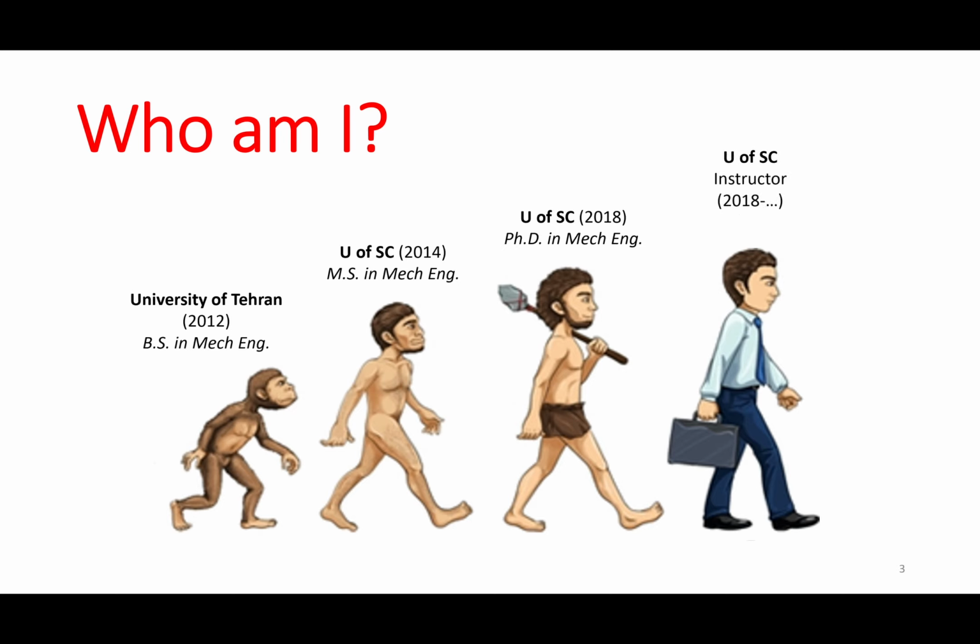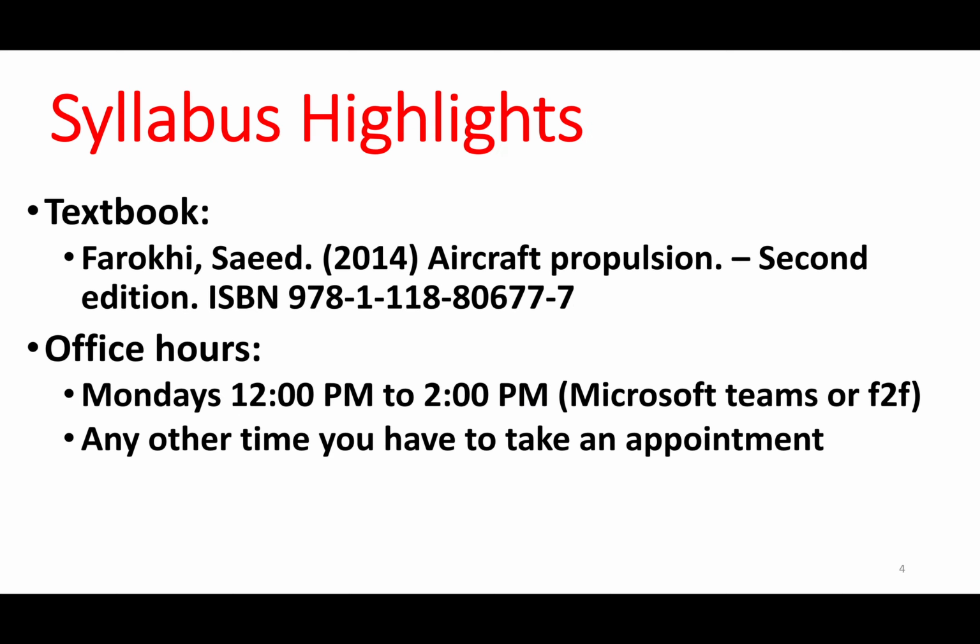From then I've been hired as an instructor for the aerospace program from 2018. Hopefully I will be in this position for a long time. So that's a little bit of introduction of me. Usually this introduction takes a little bit longer because we get to discuss and talk about this in class. But let's go to the syllabus.